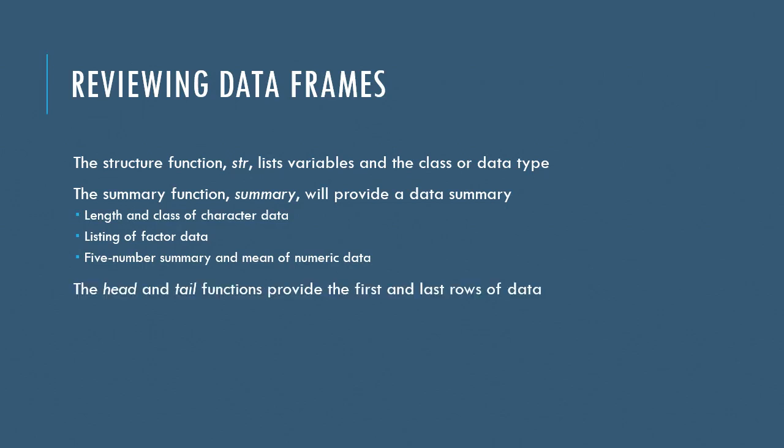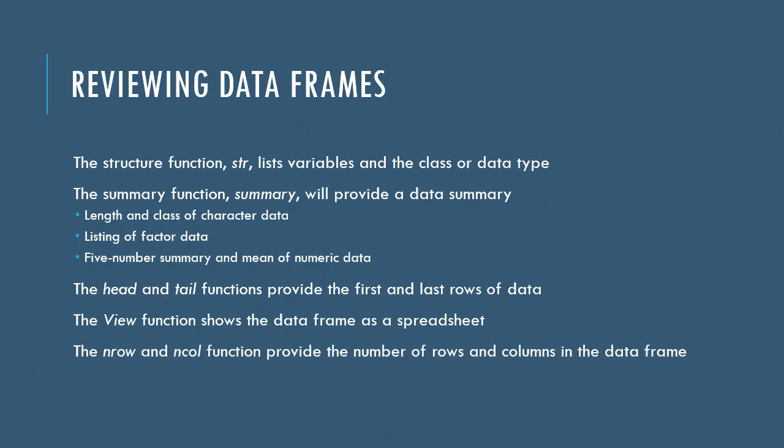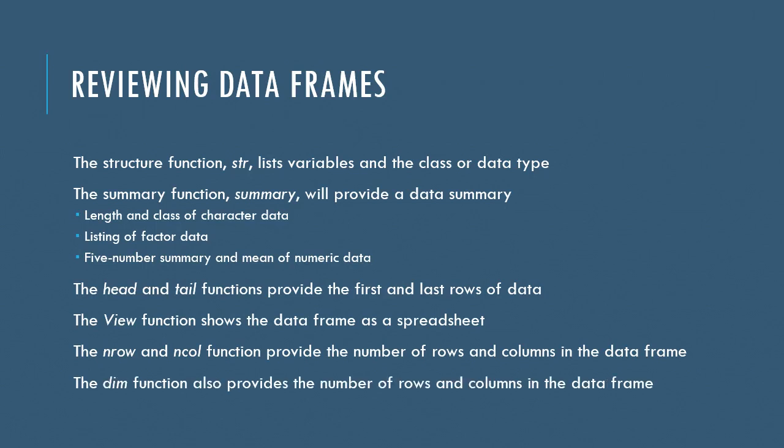The head and tail functions provide the first and last rows of the data. The View function shows the data frame as a spreadsheet. The nrow and ncol functions provide the number of rows and columns in the data frame. And finally, the dim function provides the number of rows and columns in the data frame all at once.